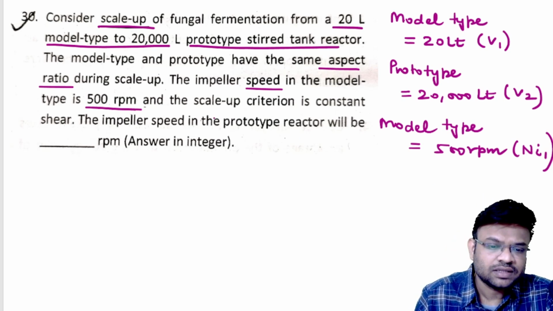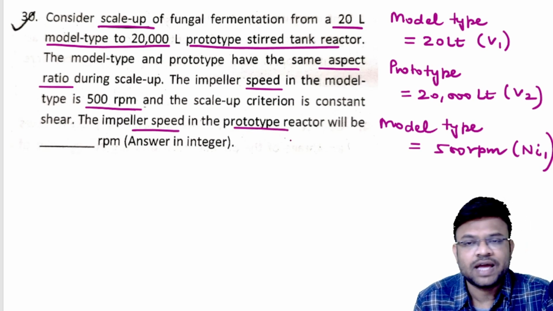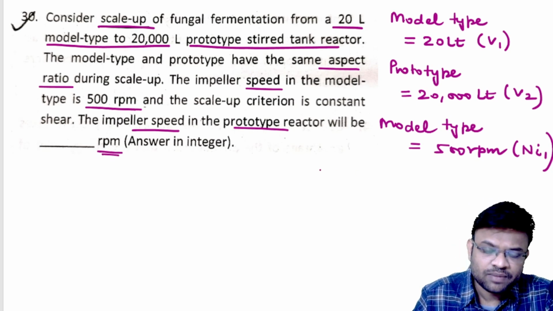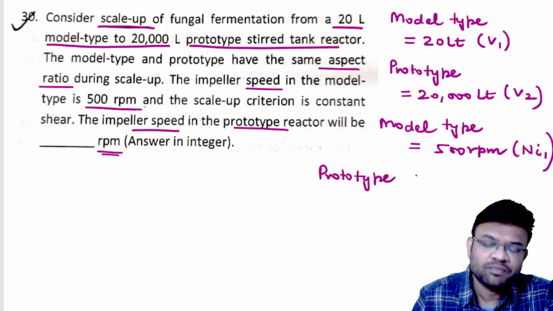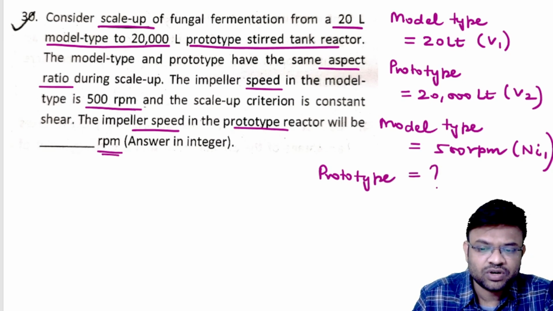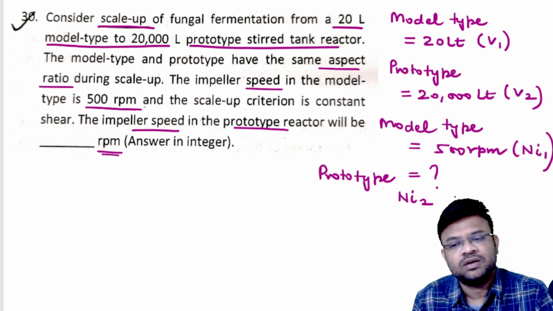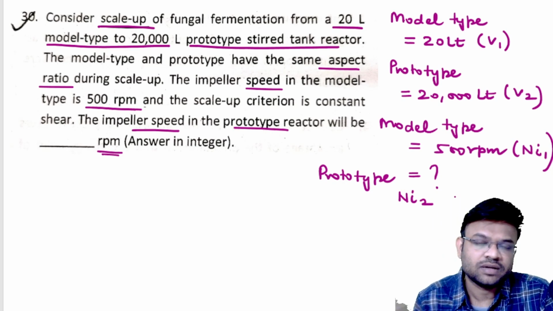And what are they asking? They are asking the impeller speed in the prototype reactor, and that should be given in rpm. So the prototype impeller frequency we have to find out. We do not know this, so we are not aware of Ni2. This is to be calculated for this particular question.